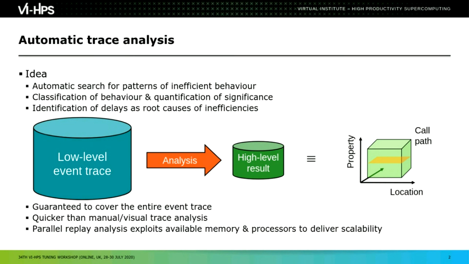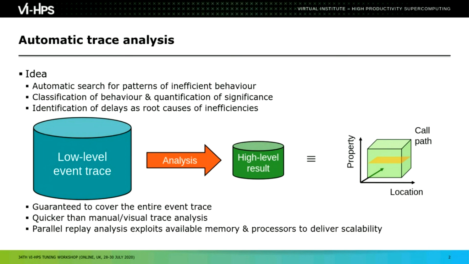Doing this in a serial form, just trying to go through the entire trace, is a real challenge because the amount of data is very large and becomes quickly unmanageable. So we exploit a parallel replay analysis, which means that we would analyze the trace with the same resources as were used for its collection.